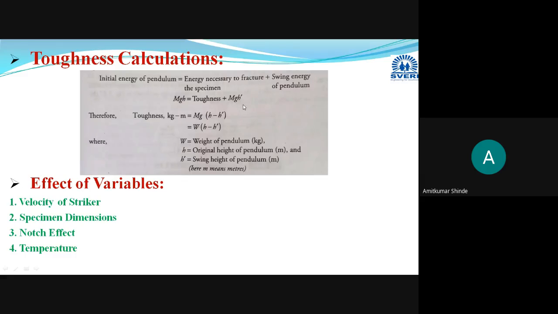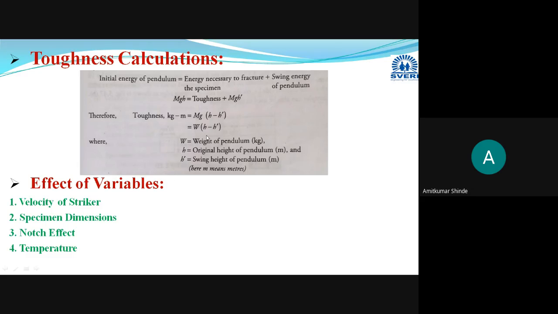If you take the difference between these two values, the initial energy of the pendulum and the swing energy of the pendulum, that is mgh minus mgh dash, then you will get the toughness value, that is the energy required to fracture the specimen.